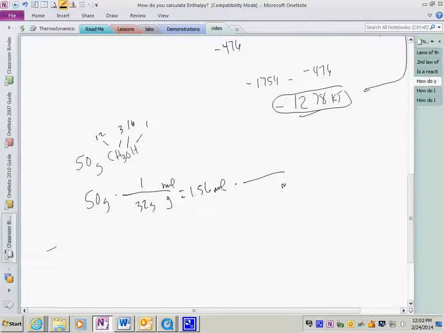Simple factor label, get rid of moles, and go to kilojoules of energy. 2 moles gives me 1,278 kilojoules of energy. 1278 divided by 2 is 639, times 1.56 is about 998. Again, 2 moles gives me this, so I only have 1.56, so it should be less than that value. That number makes sense: 998 kilojoules of energy. Now the negative simply means that it is being released to the surroundings.